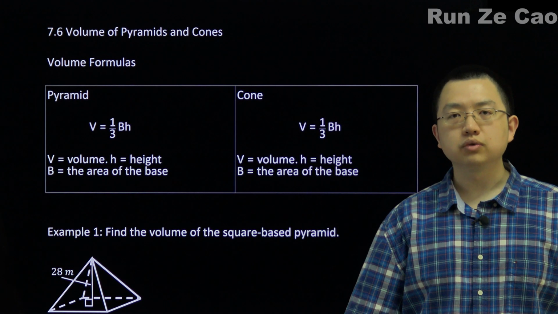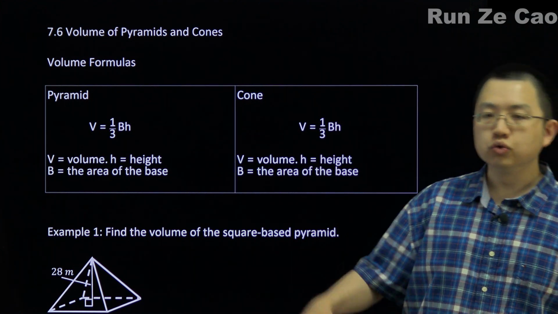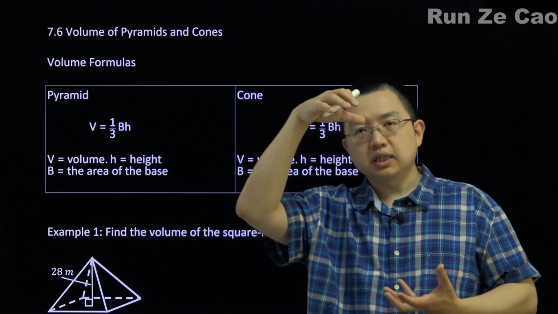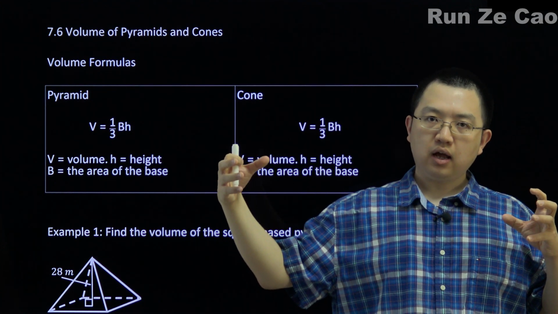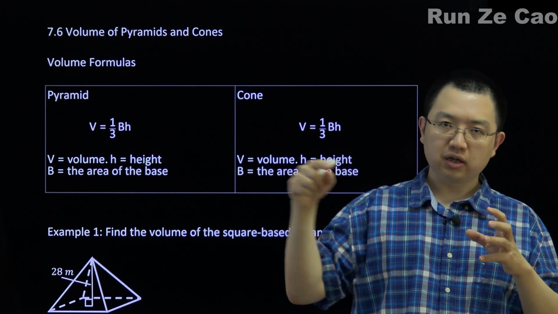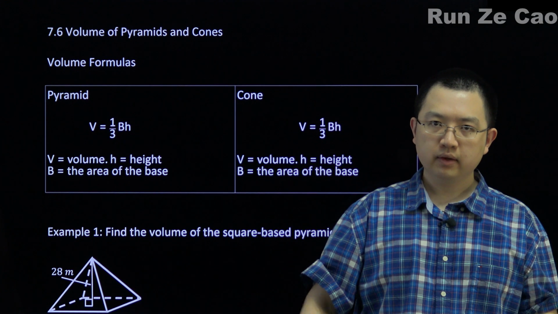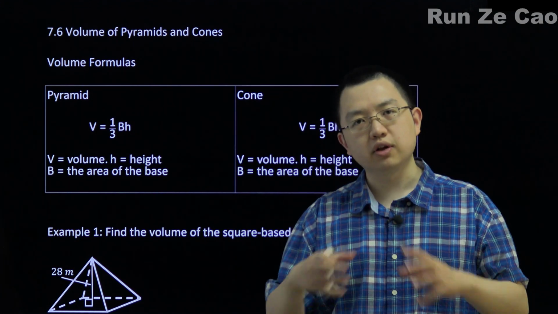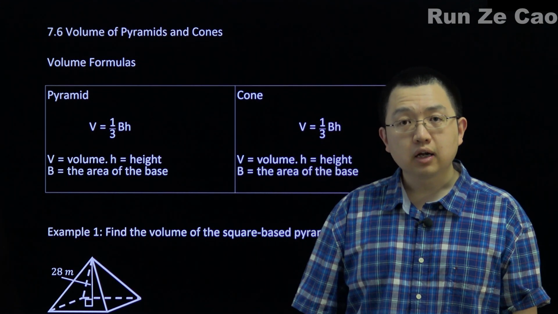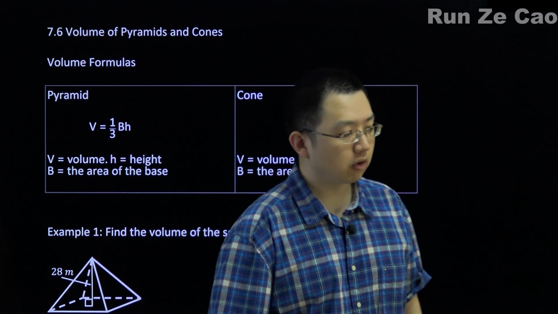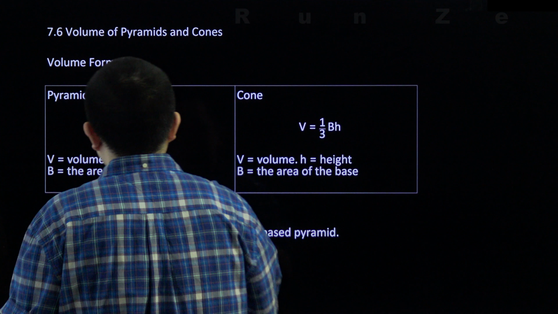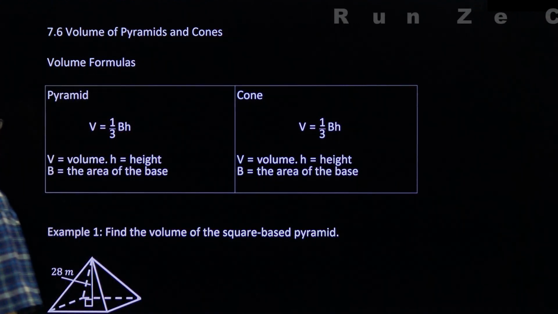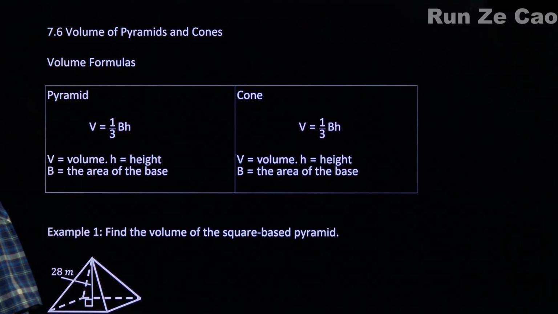What if we don't have two bases that are just directly translated in a direction perpendicular to either of them? In other words, what if it's not a prism or a cylinder, and instead we have a pyramid or a cone? Well, it happens to be that the volume of a pyramid is 1/3 base area times height.